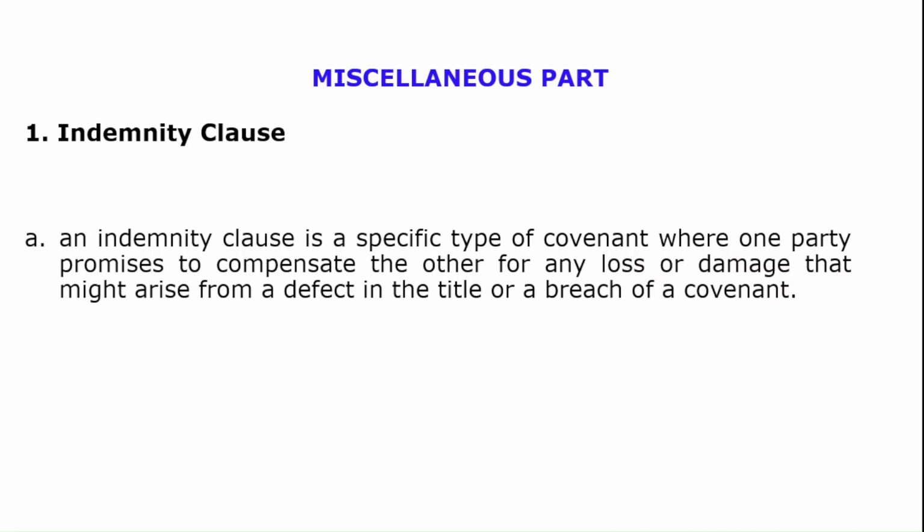Now, bringing it home to our discussion on a deed of assignment, an indemnity clause is that covenant where the assignor guarantees that they possess good title to the property, that is the subject matter of the sale of land, and that if there is a defect later in the future in the assignor's title, for instance, let's say that a third party successfully proved ownership in court against the assignee, the assignor by this indemnity clause is covenanting that he would compensate the assignee.